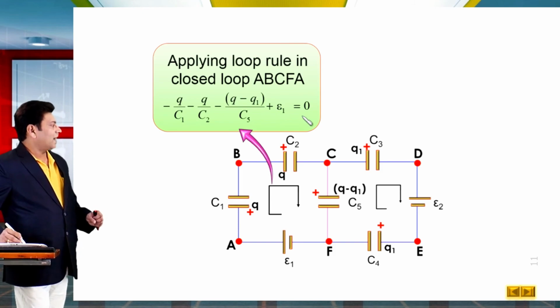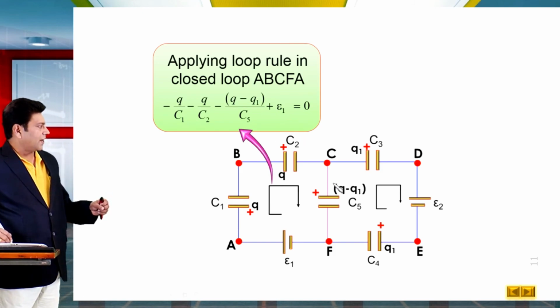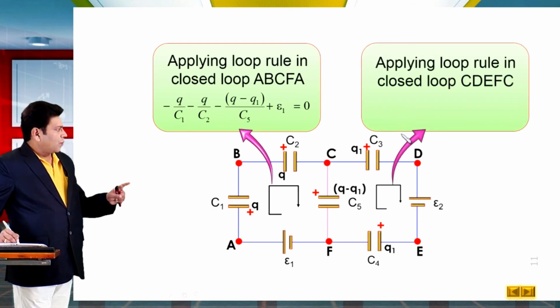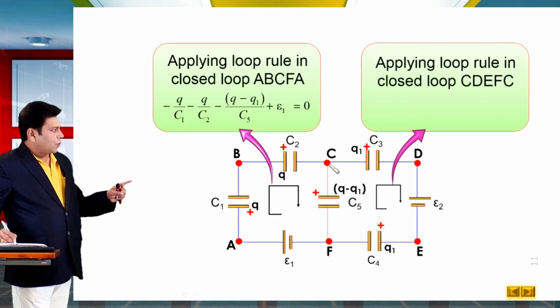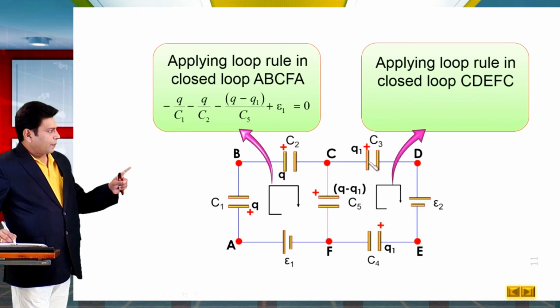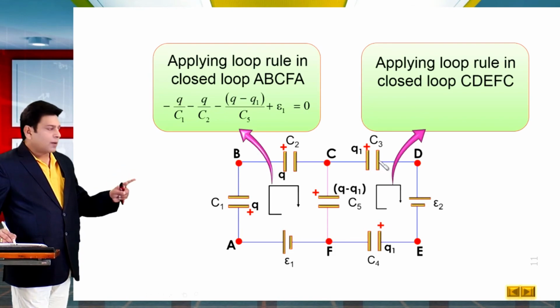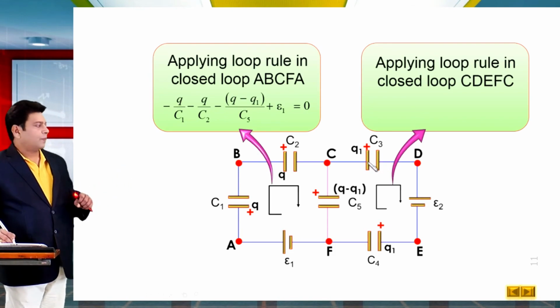We required one more equation. So, let us take this closed loop, that is C, D, E, F, C, and let us move in this closed loop again in the clockwise direction. So, while moving from C to D, we need to cross this C3 capacitor. That means we will move from positive to negative plate. That means there will be voltage drop.